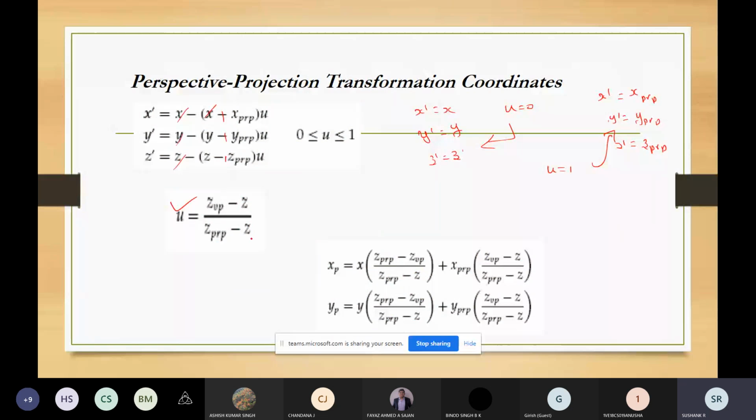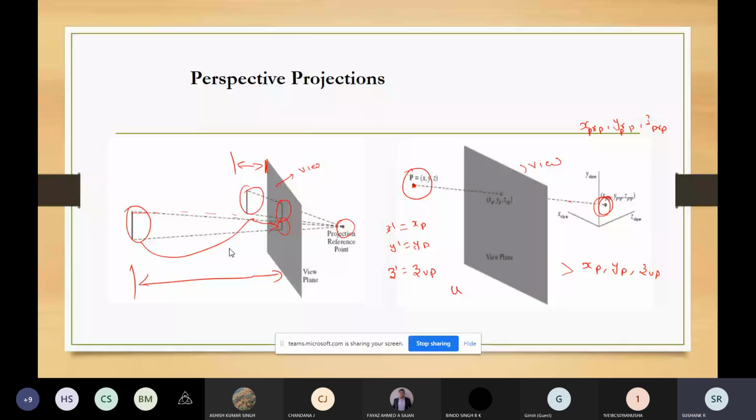Using this z dash equation for the parameter u along this projection line, we can calculate the value of u as the difference zvp minus z over zprp minus z.